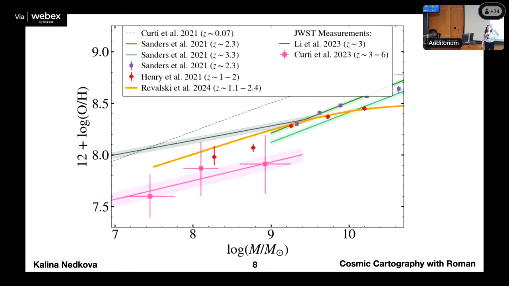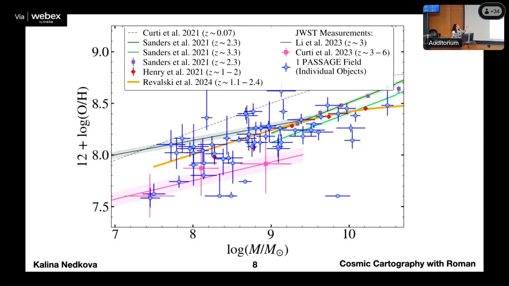But you also see a change in the slope. And this change in the slope tells you that there might be different baryon physics going on at the high mass end versus the low mass end. So is the baryon cycle different in these two mass regimes? Well, so PASSAGE is a fantastic way to answer this. So here are our individual galaxies where we measured the metallicity and their stellar masses.